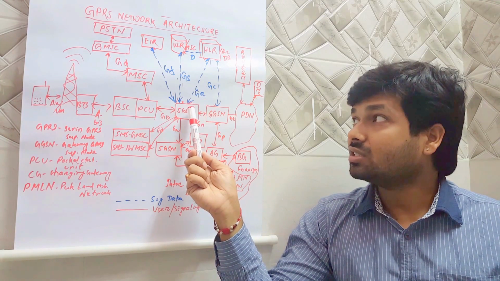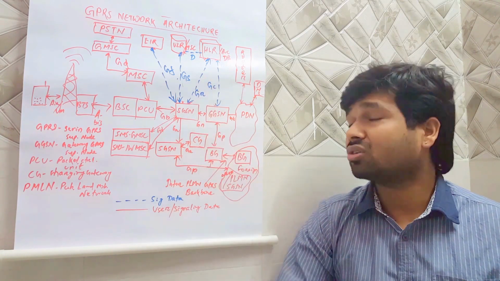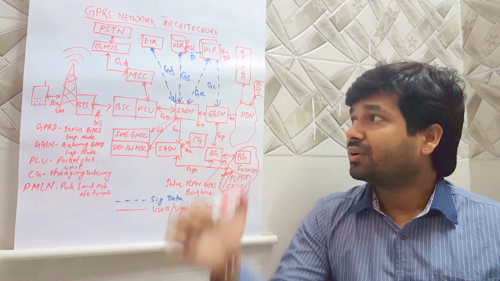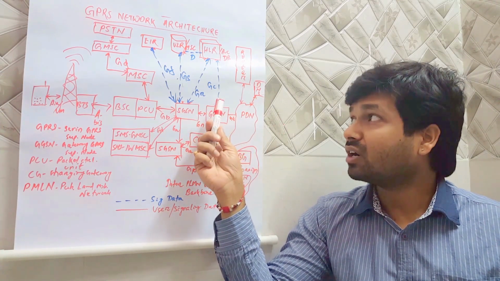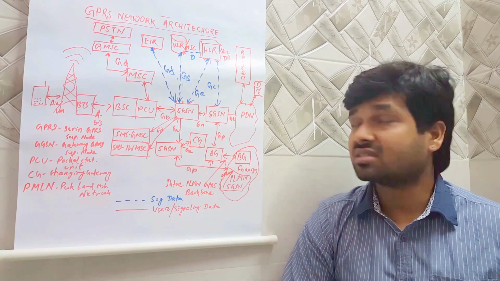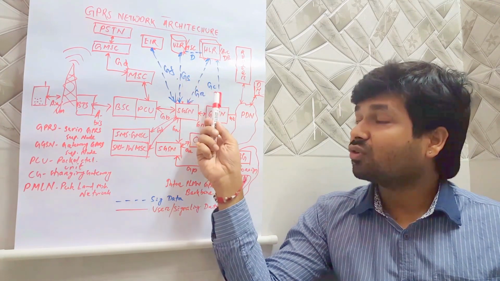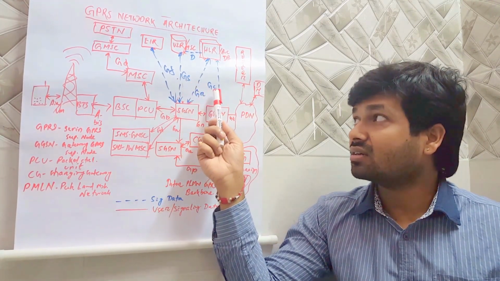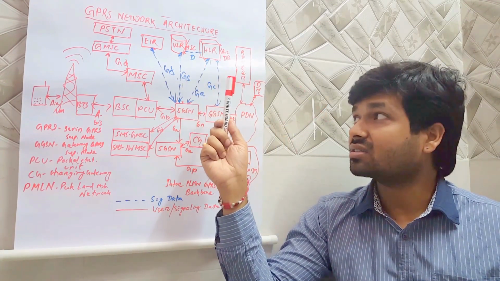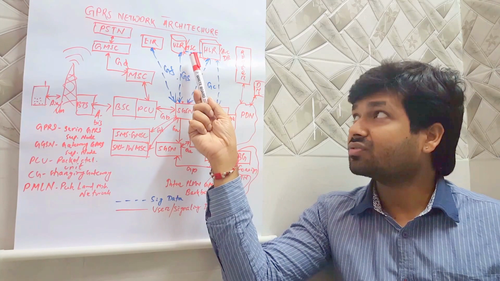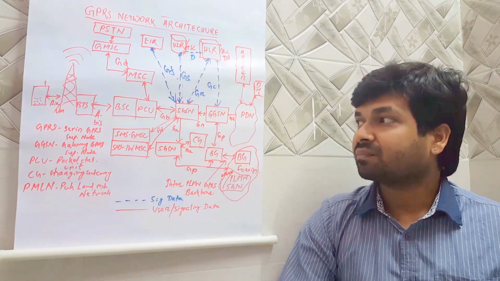Then we are having the Gr interface from SGSN towards the HLR or the authentication center database. That's again important, of course. And we are having the Gc interface from GGSN towards the HLR. So all this, Gf, Gs, Gr and Gc, plus the D interface, are carrying signaling data only. The D interface is between the VLR, MSC and the HLR and authentication center.